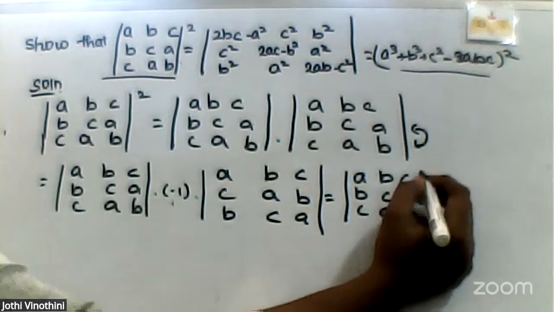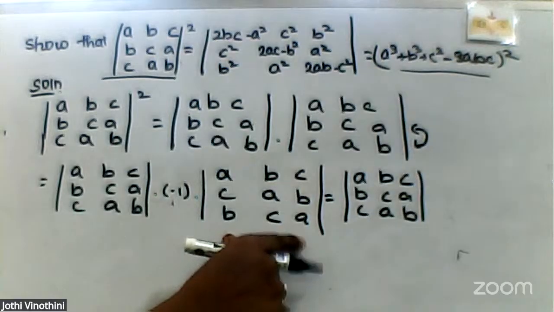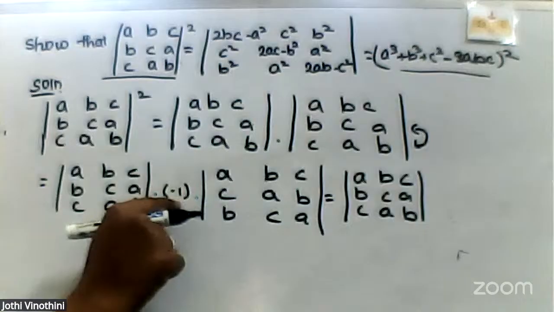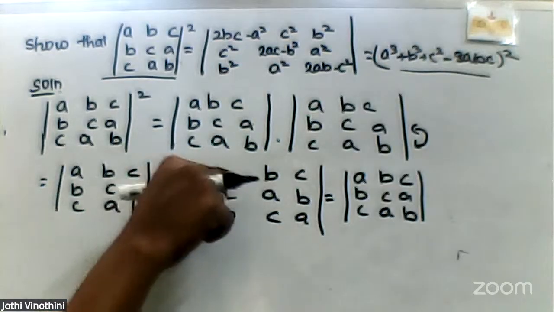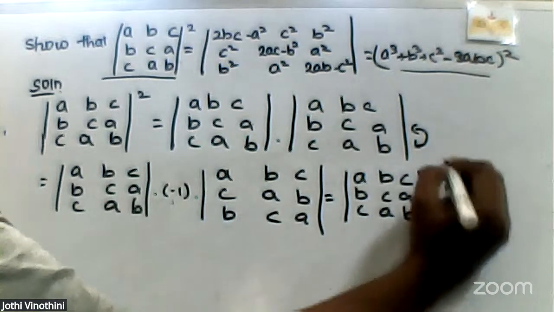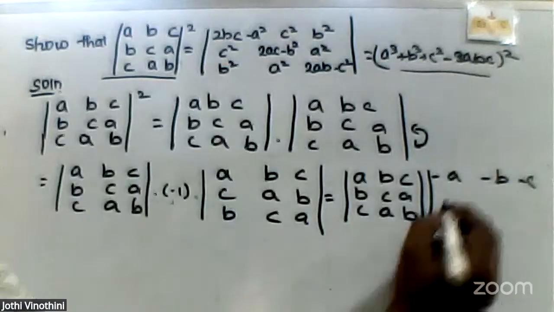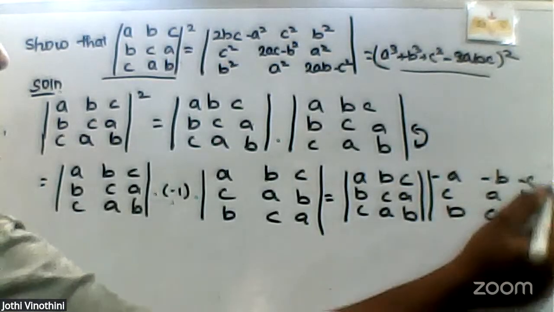We are doing all the changes in the second matrix only. We interchange R2 and R3. While interchanging, we will have minus 1. I am going to take this minus into R1. So it becomes minus A, minus B and minus C, and C, A, B, B, C, A.